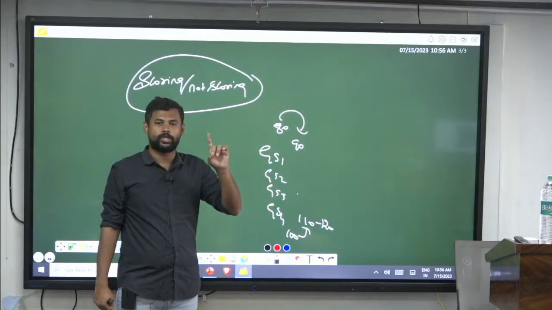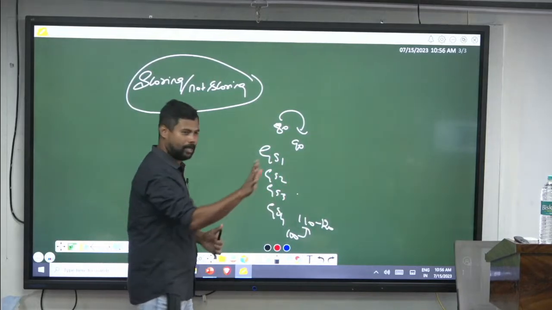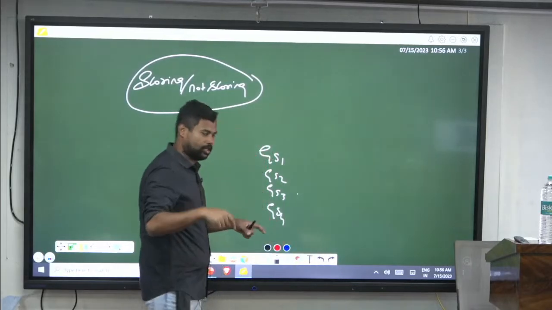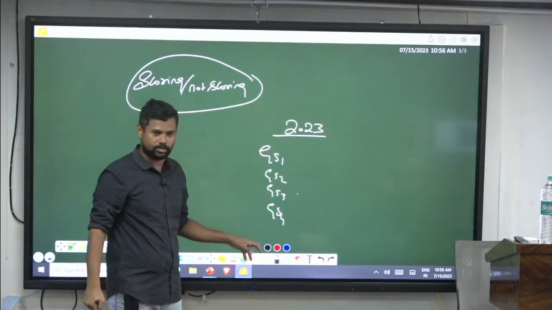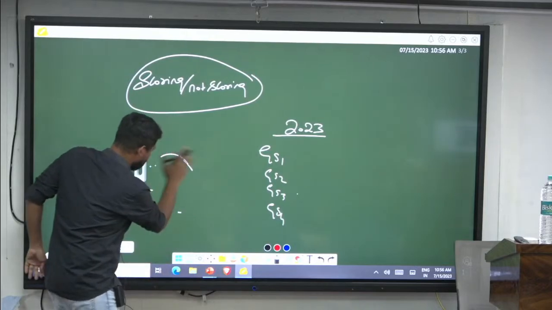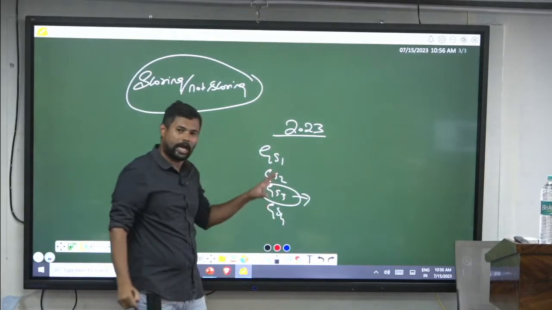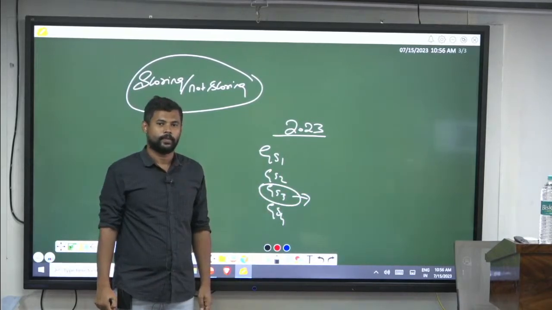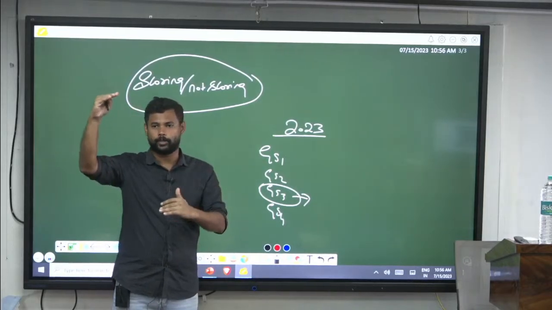One thing you should remove is basing yourself on thinking that a paper has a certain score. I'll give you an example. Take this year's 2023 paper, GS3. What is the average score scored by the toppers, usually the top 100 or top 1000, whoever have made the list?